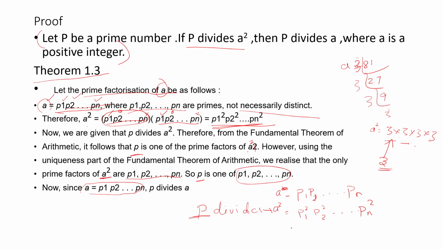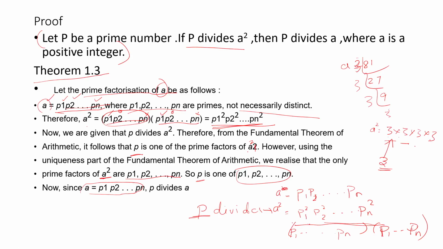Okay, so now it is given P divides A square. So that means P is one of the factors of this. Okay, so if this divides this, it means it should be a factor of this, right? So it can be split in this way: P1 P2 etc. Pn into P1 P2 etc. Pn. Like this, if you are splitting, P is one of the factors of this or this.